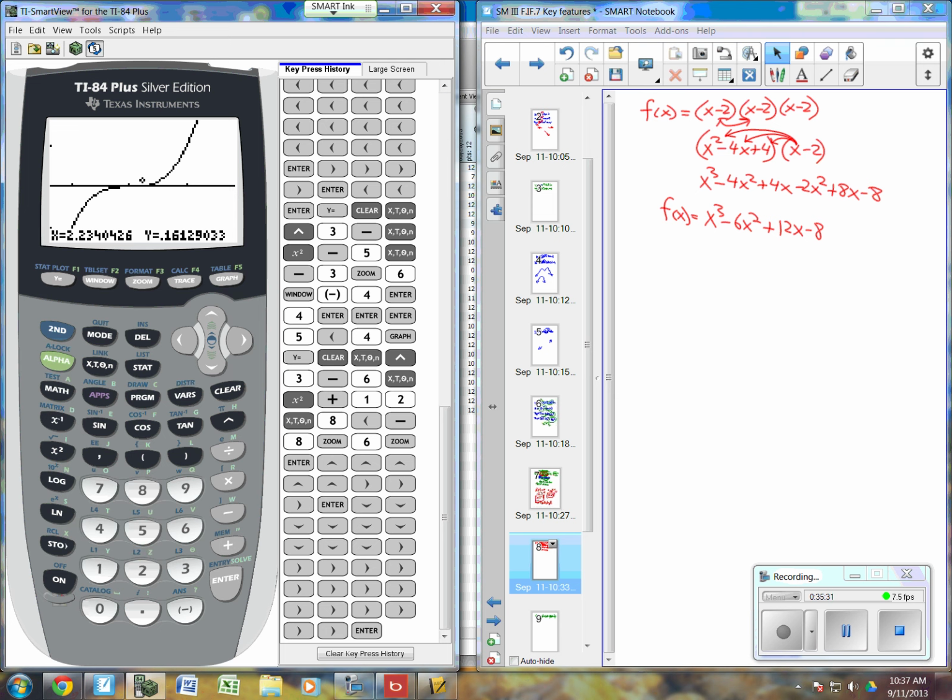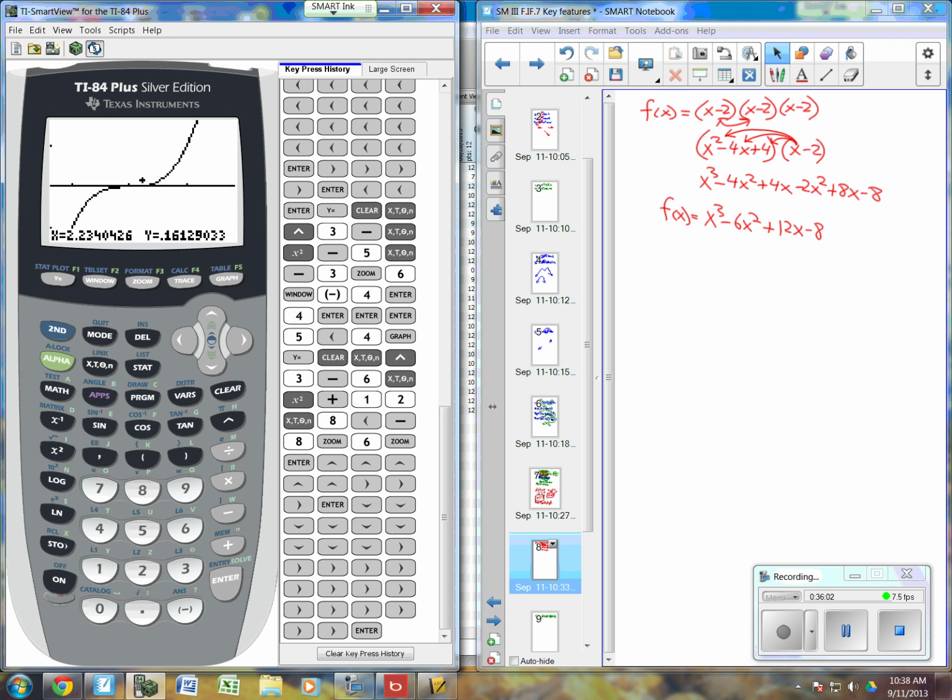I'm guessing that if it was an odd number of times, it would just cross. It would cross one time at 2. But if it was 14 times, I'm guessing it would touch 2 and go back down. That's my guess. So if it touches it, if it's an even power, it could be multiplicity 2, 4, 6, 8, 10, 12, 14, whatever.